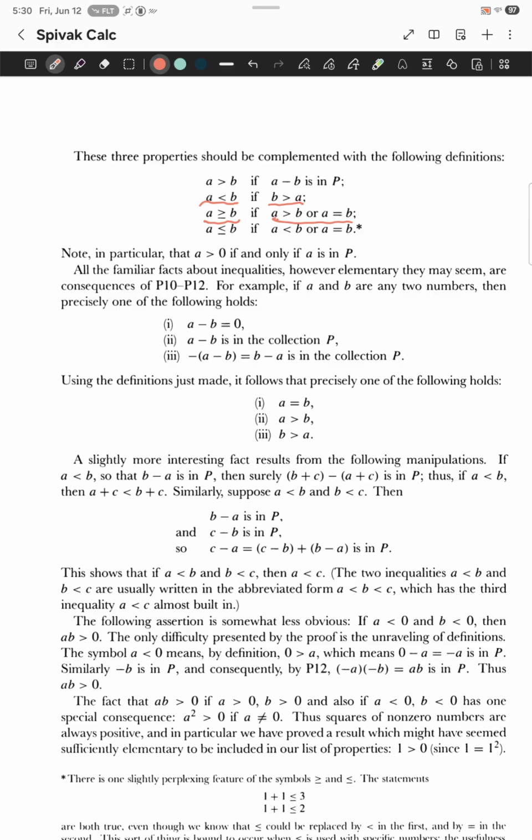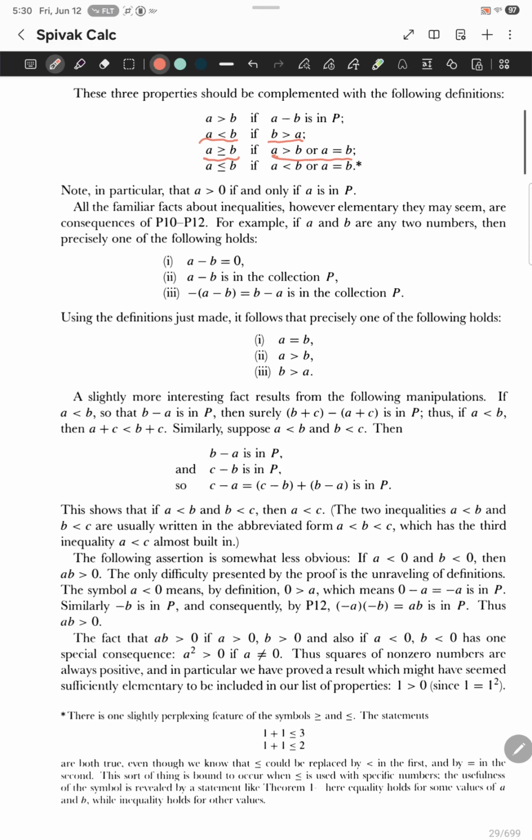For example, if A and B are any two numbers, then precisely one of the following holds: A minus B is equal to 0, A minus B is in the collection P, or the negative of A minus B, which is B minus A, is in the collection P. Using the definitions just made, it follows that precisely one of the following holds: A is equal to B, A is greater than B, or B is greater than A. A slightly more interesting fact results from the following manipulations.